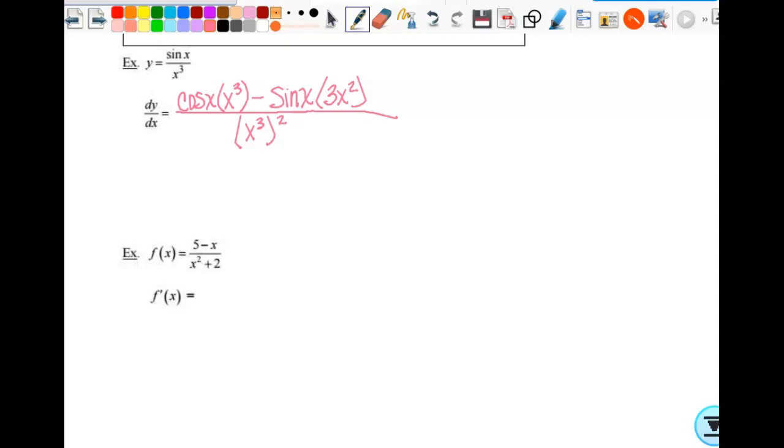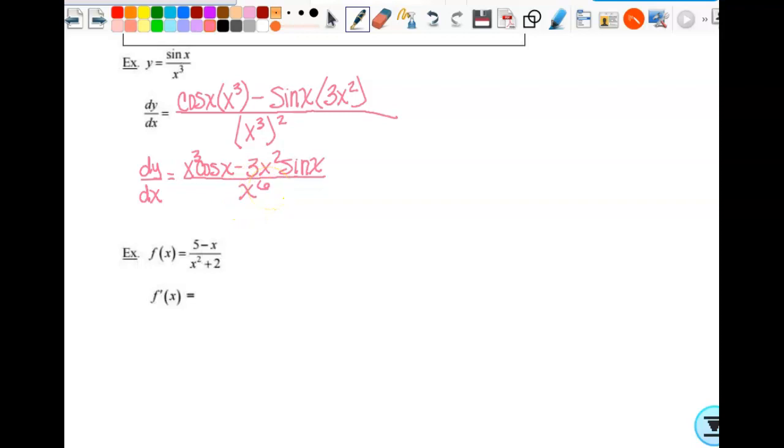We okay with that? So then that means that dy dx equals, to kind of clean this up, x cubed cosine x minus 3x squared sine x over x to the what? 6th.